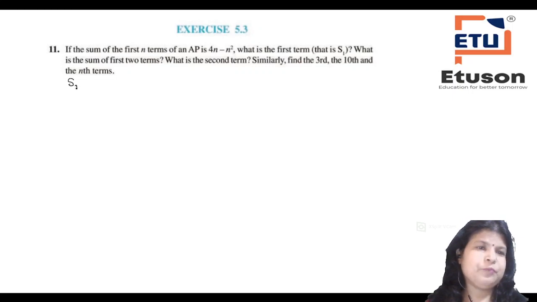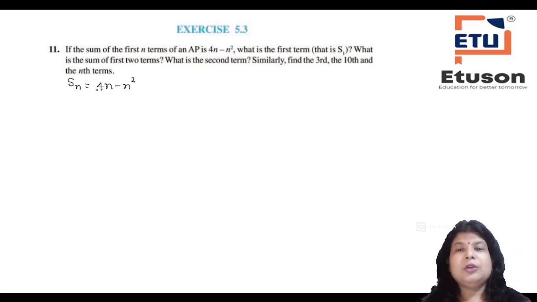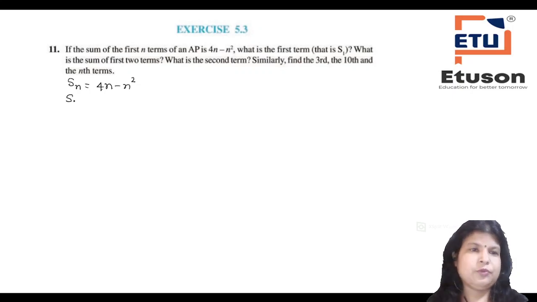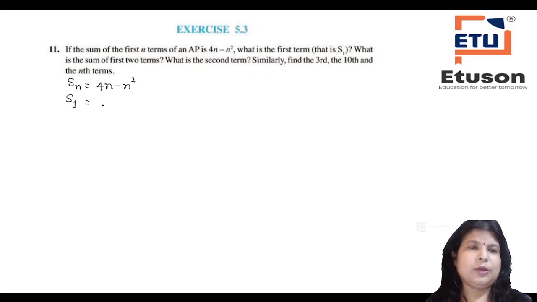So you have your summation for nth term given to be 4n minus n square, right? Suppose I need to find out S1. For S1, I have to put n is equal to 1. So S1 is equal to 4 into 1 minus 1, putting n is equal to 1.